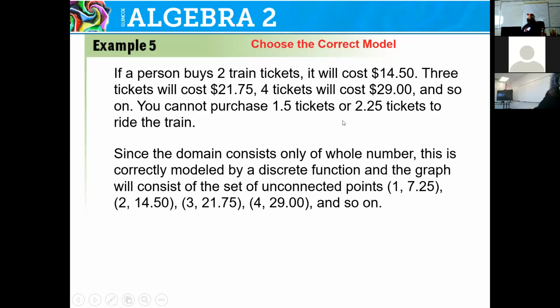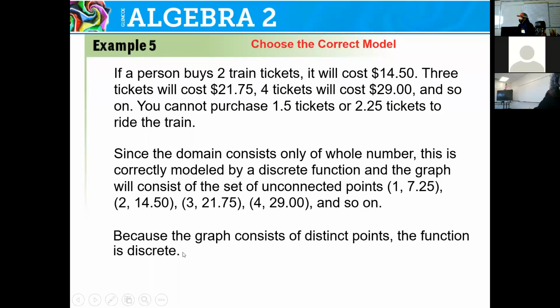Since the domain consists of only whole numbers, this is correctly modeled by a discrete function, and the graph will consist of a set of unconnected points: (1, 7.25), (2, 14.50), (3, 21.75), (4, 29), and so on. So in this case, it cannot be continuous. It has to be discrete. Because the graph consists of distinct points, the function is discrete. There's no way to draw that without picking up my pencil.